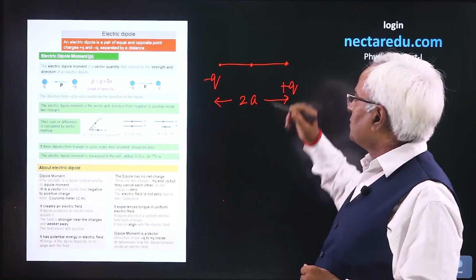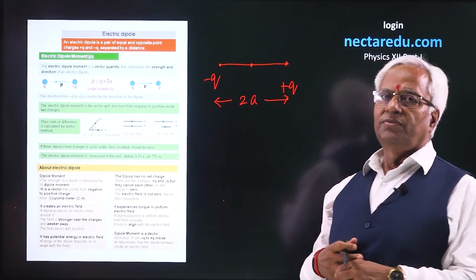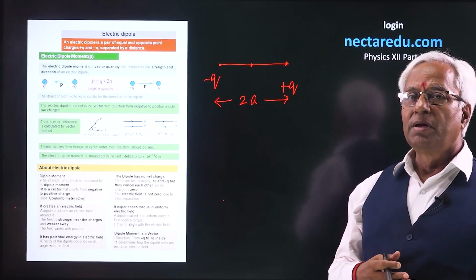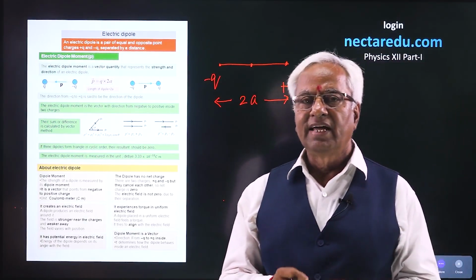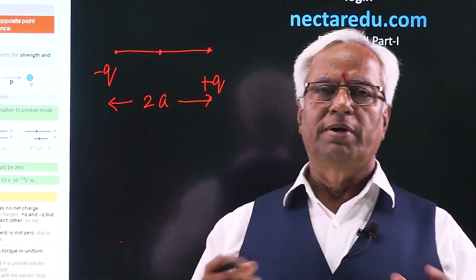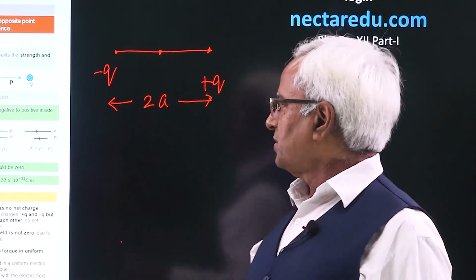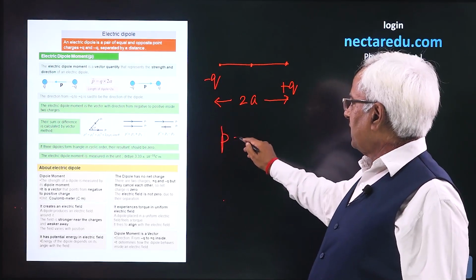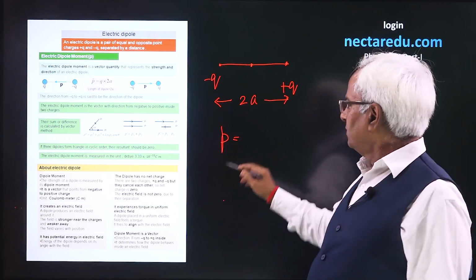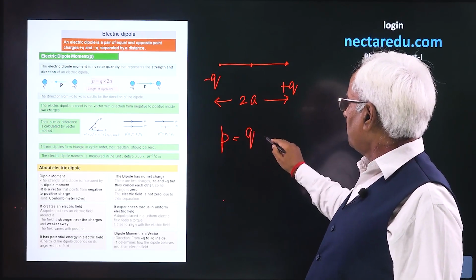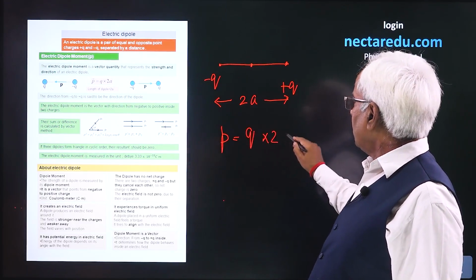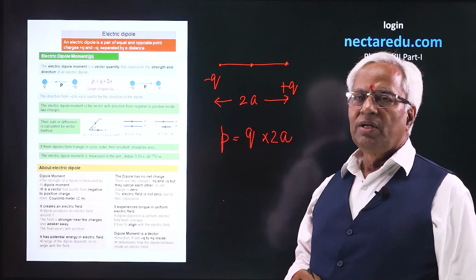The dipole is defined always in terms of dipole moment. Remember, the complete name would be electric dipole moment. It's a vector quantity, represented by the letter small p. That's the product of q and the length of the dipole.